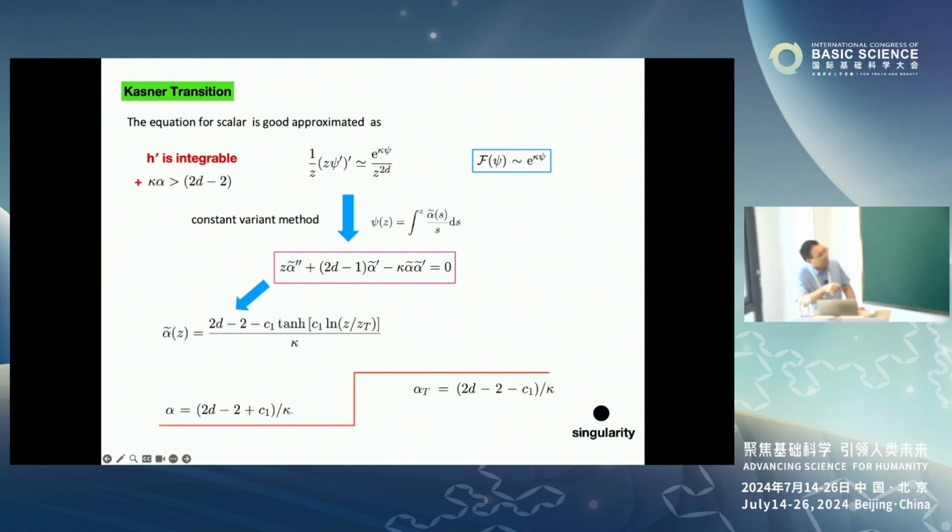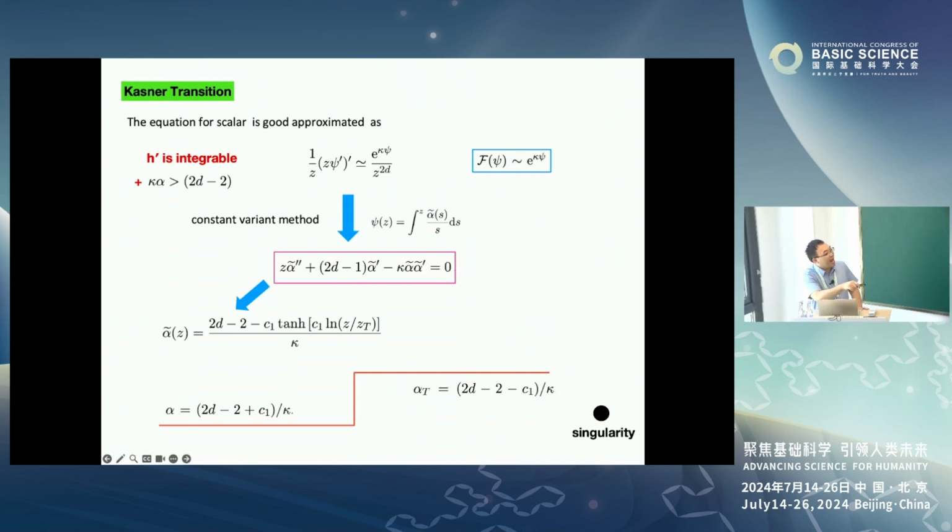Okay, how to understand this behavior? So the idea or the discussion is as follows. For the Kasner transition, we find after complicated analysis that the equation of motion for the scalar is controlled by this quantity under some conditions.